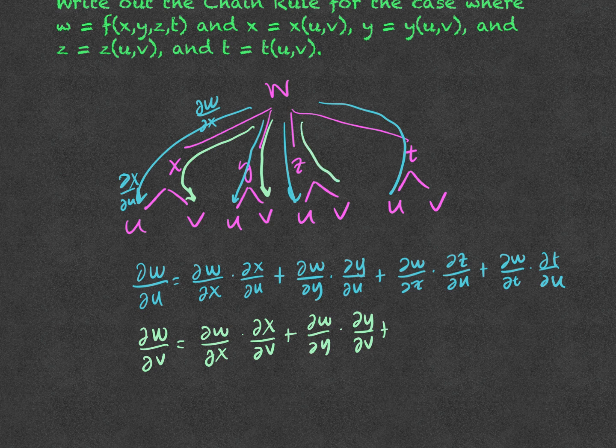And then we're going to do the partial of w with respect to z times the partial of z with respect to v, plus the last one, the partial of w with respect to t times the partial of t with respect to v. So it helps you write out your chain rule setup, which is very helpful. You should write it out before you do a problem. So let's look at a problem.